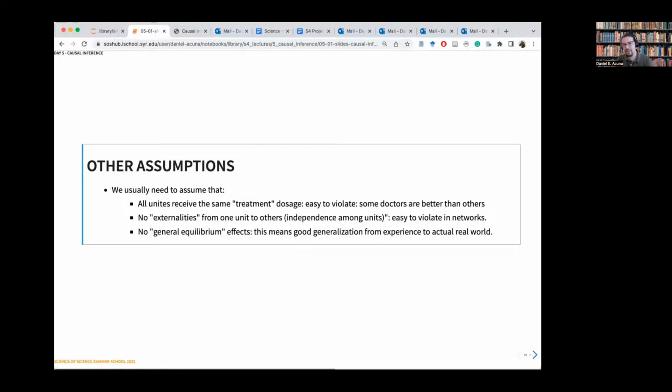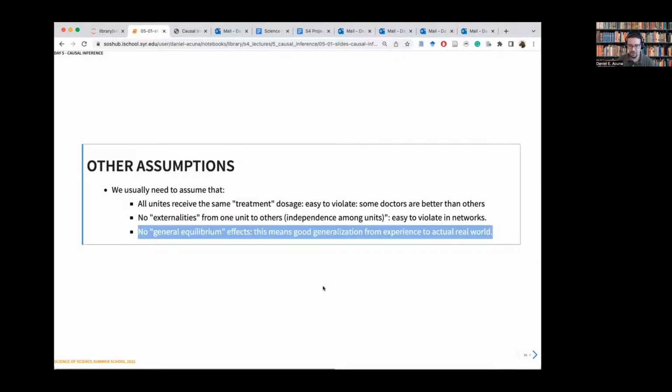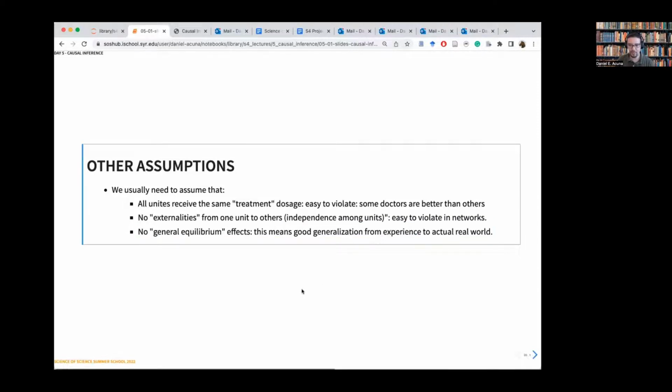Whatever that other person is doing, it's really hard to estimate the effect of the vaccine of that person, because there are externalities affecting the outcome of that person. And of course, this applies to all of machine learning: the observations that we get in our data should be generalizable to the actual world.